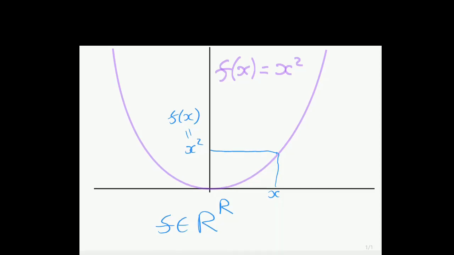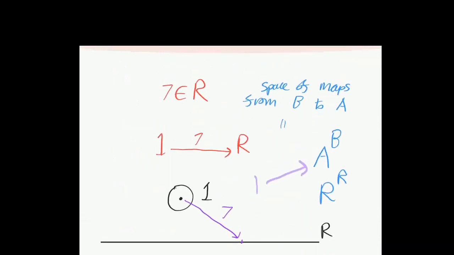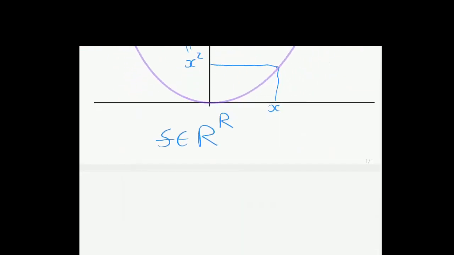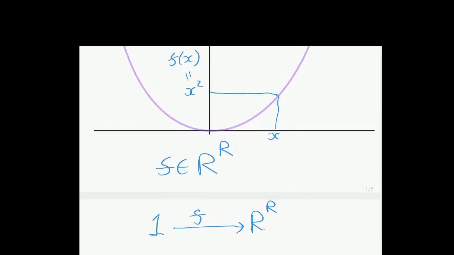Now, another way we can say this, employing this kind of terminology, is that we can think of f as a point in this space, which we're calling R to the power of R. And so now what I want to do is to introduce something called lambda notation.